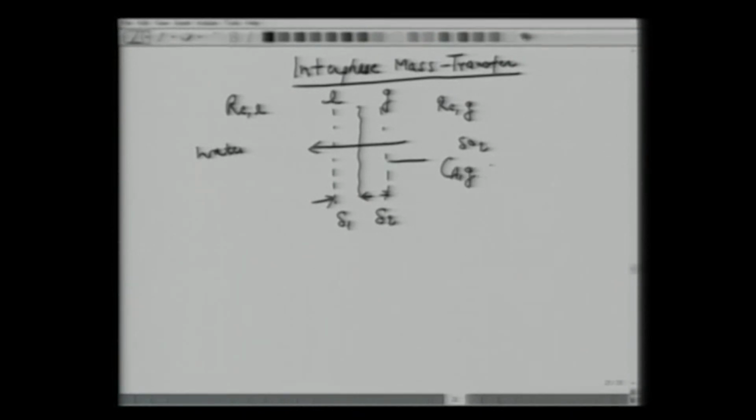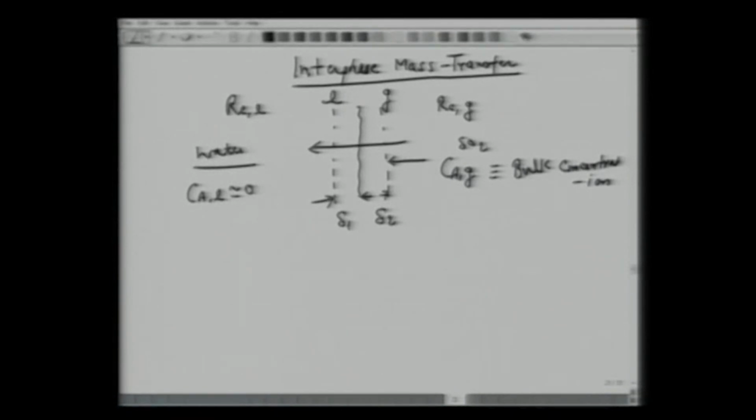So this is your bulk concentration of sulfur dioxide in air. Maybe this is 1% or 0.1%. Now we have brought it in contact with water, and here we have CA in the liquid phase, the bulk concentration, which is quite small or zero, or could be some number which is given here.